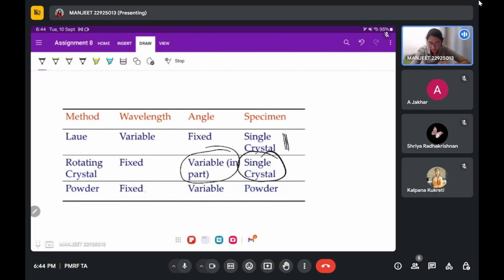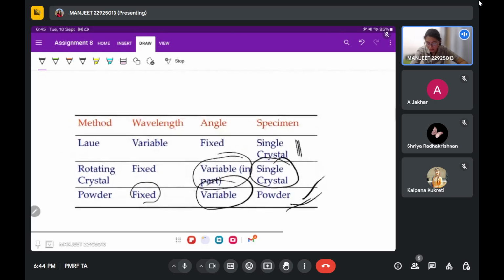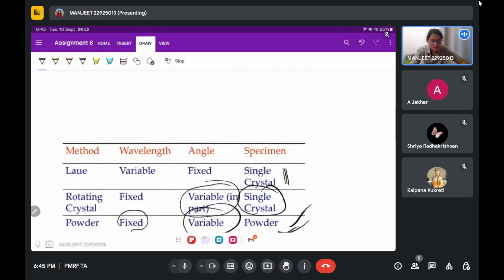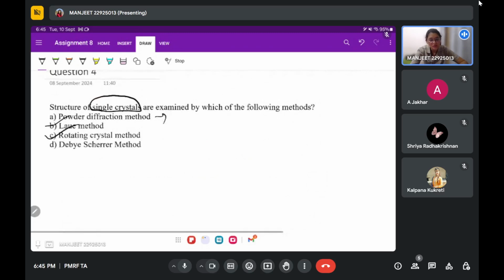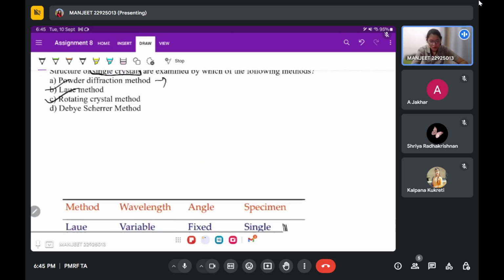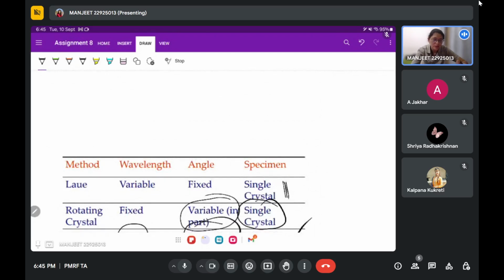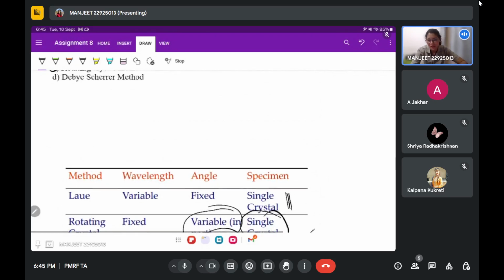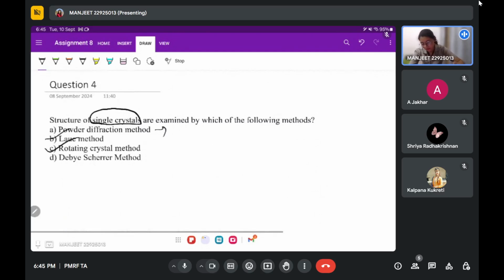In the powder method, the wavelength is fixed but the angle is varying, but that is for powder. So these are the three methods of XRD. The Laue and the rotating crystal methods are used to examine a single crystal. So B and C are the correct answers.